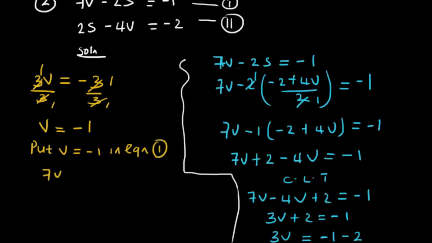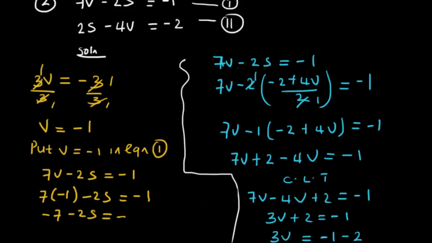So equation 1 is 7v minus 2s equals minus 1. Anywhere I see v, I call it minus 1. So I'll be having 7 into bracket minus 1 minus 2s equals minus 1. 7 times minus 1 should give me minus 7 minus 2s equals minus 1. Then collect like terms.